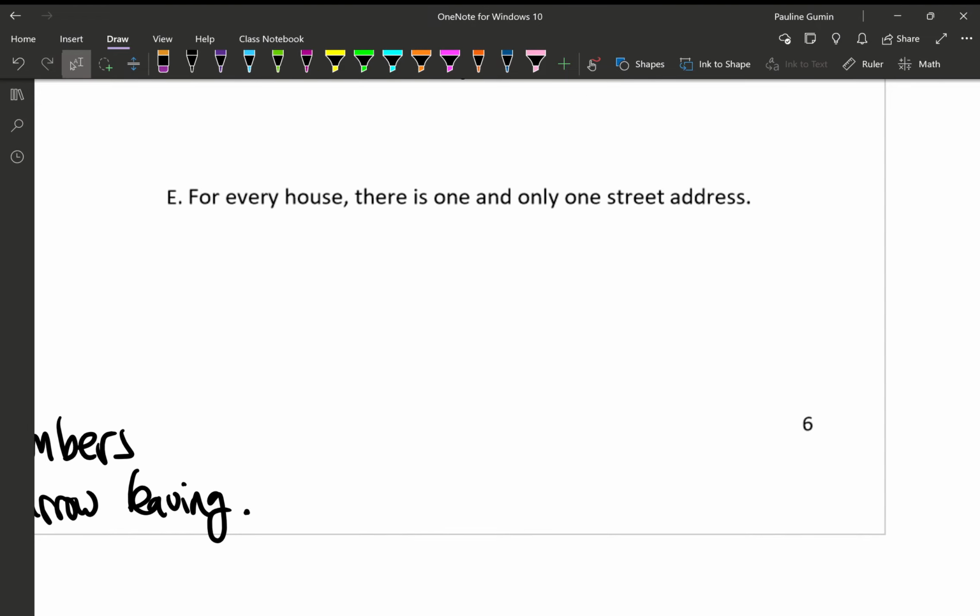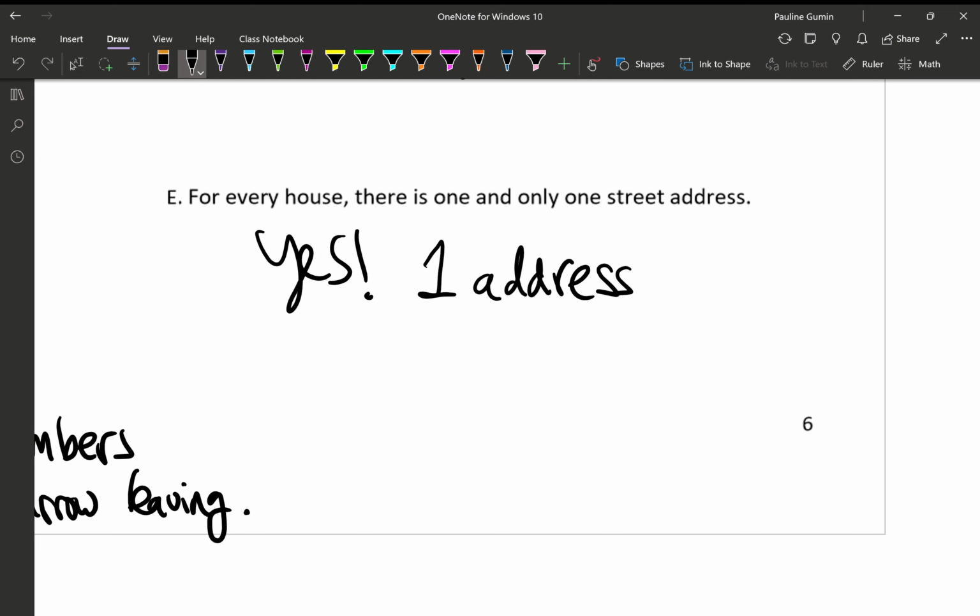All right, letter E. For every house, there's only one and only one street address. Is that a function? Yes. Otherwise, it would make it really hard to mail stuff. One address per one house. Now, you might be thinking, Gumin, what about apartment buildings?